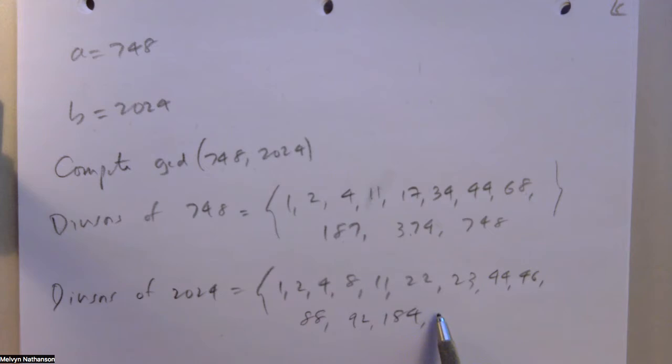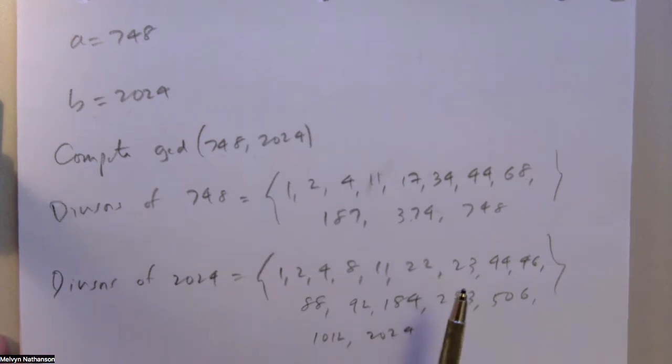Of course, you can always write a computer program to do this. Or if you use a nice program like Maple or Mathematica, there's a command to just write the divisors of the number. These are all of them.